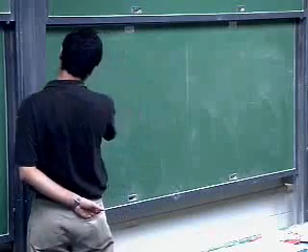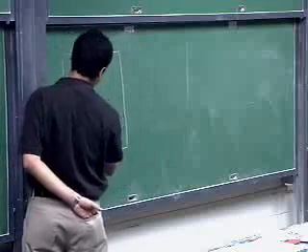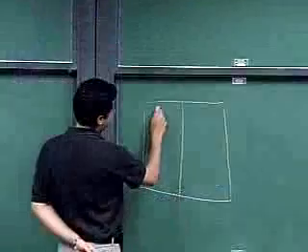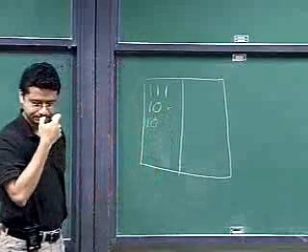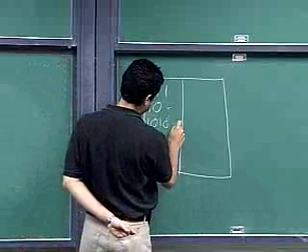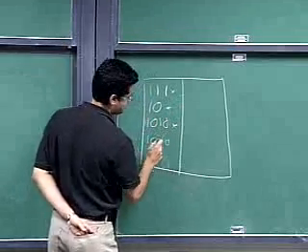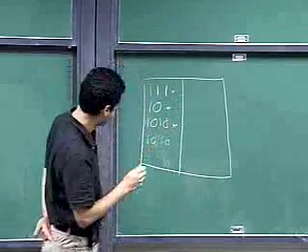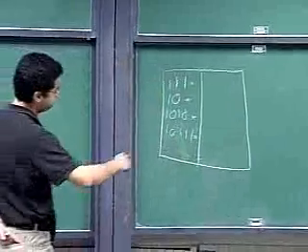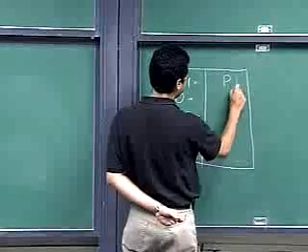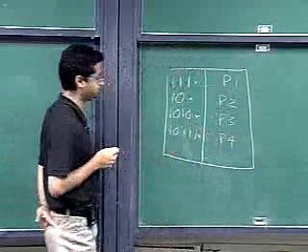So let's say you have a prefix table, then you have some output ports, port 1, port 2, port 3, port 4.